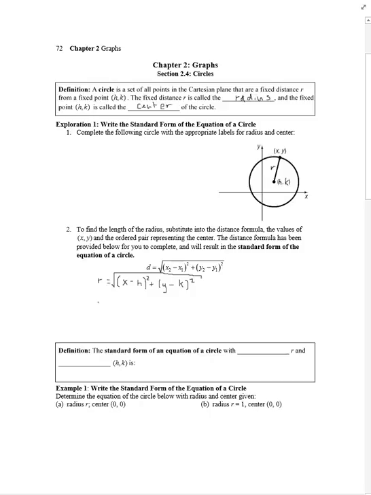Now if we square both sides, that gives us (x minus h) squared, and I'm going to write this the other way around, plus (y minus k) squared equals the radius squared.